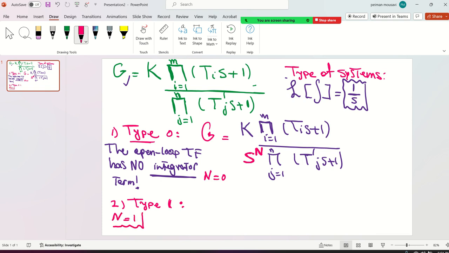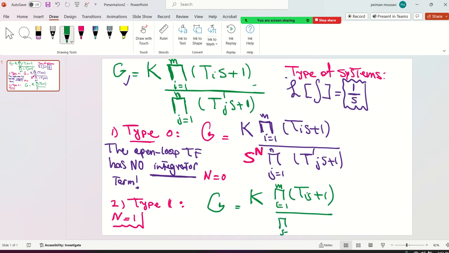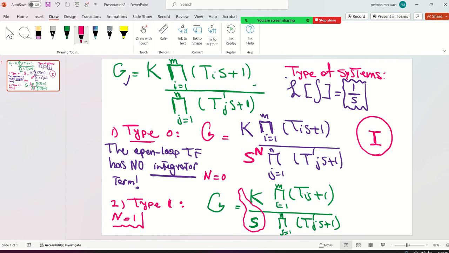Your system has one integrator. The open loop transfer function is K product i from 1 to M of T_i s plus 1, over product j from 1 to N of T prime j s plus 1, and here you have S. You have one integrator, I'm showing 1 over S. It means that your system has one I controller intrinsically inside itself.